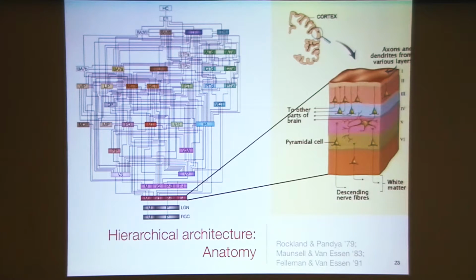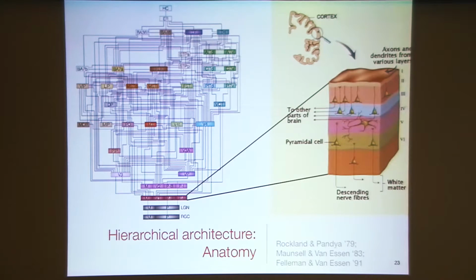And we know that the way areas project onto one another depends on a very specific pattern of connectivity across those layers. So we know that the entry of a visual area is in layer 4, and we know that the output of a visual area is localized in more superficial layers. So bottom-up connections would project from superficial layers onto layer 4 of the next area, while the top-down signals would re-enter this area through deeper layers, such as layer 5 and 6.